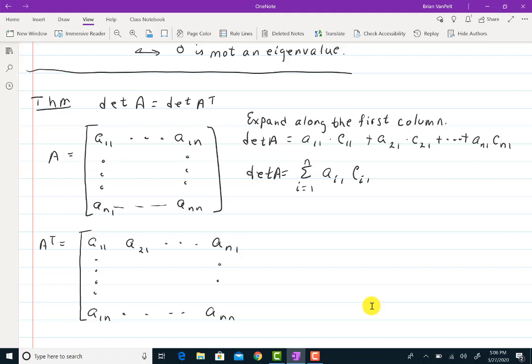But all I care about really is the first row, because now I'm going to expand about the first row.